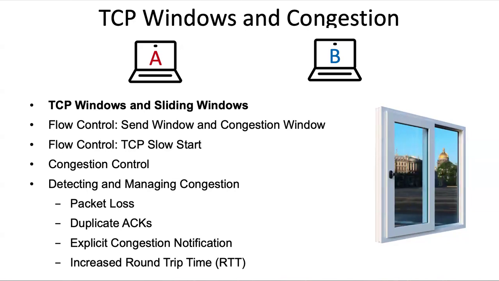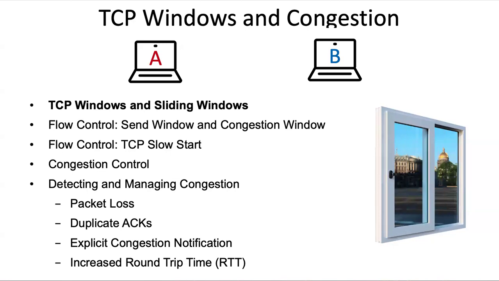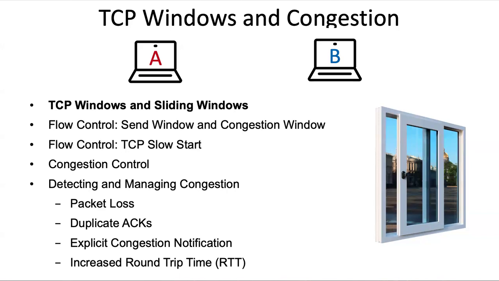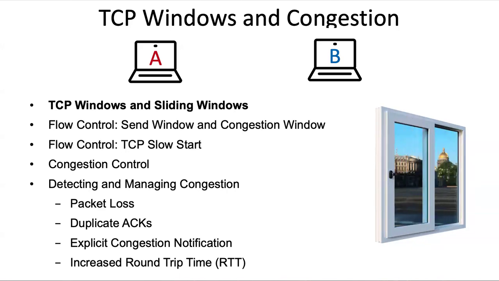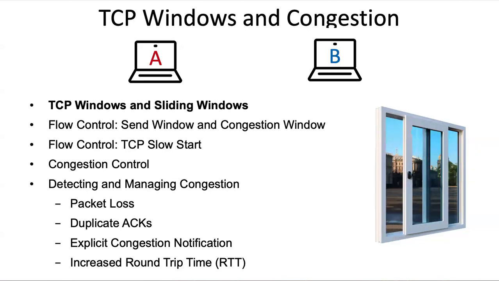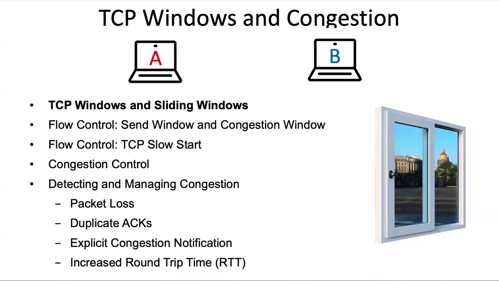We're going to discuss TCP windows and how sliding windows control data flow, and how flow control mechanisms like the send window and congestion window ensure data is transmitted efficiently. We'll look at the TCP slow start process and congestion control strategies, focusing on how TCP detects and manages congestion to maintain optimal performance.